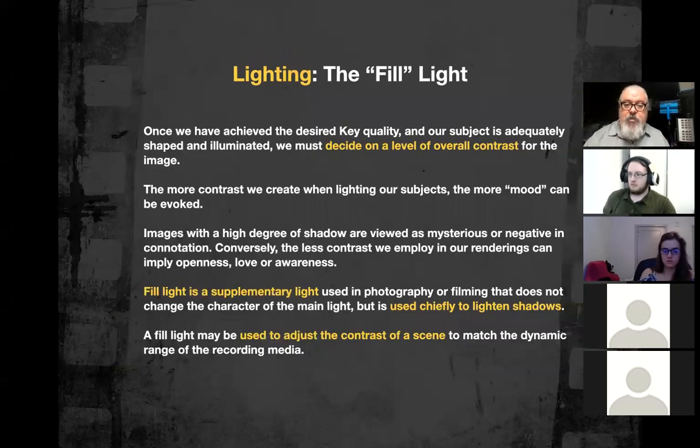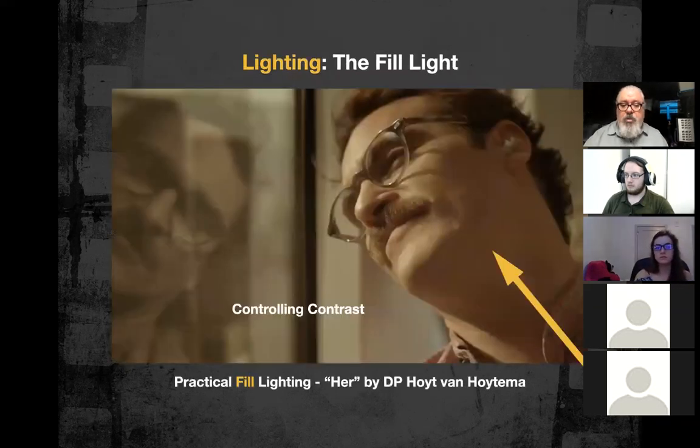So once we've achieved the desired key quality and our subject is adequately shaped and illuminated, we have to decide on a level of contrast, and the fill light's going to help us with that. We adjust it in terms of its brightness to raise or lower the contrast accordingly. So in this shot from the movie Her, this is Joaquin Phoenix.